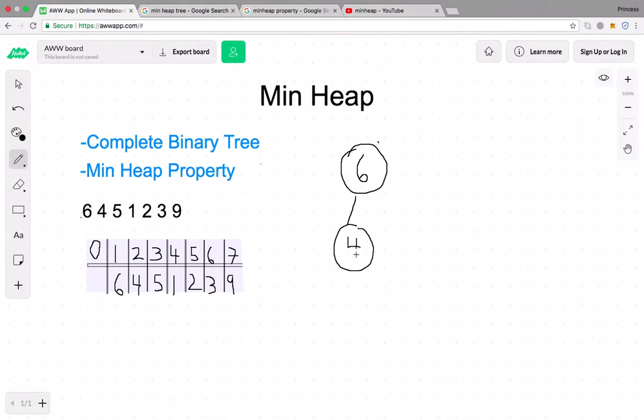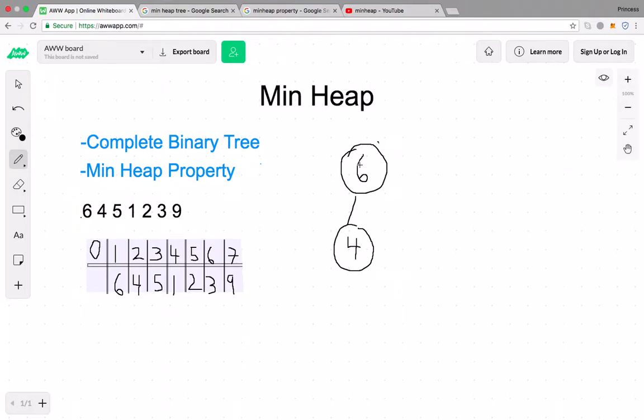And remember, always insert the value to the left of its parent at first, because if you insert the 4 here, that would be a violation of the complete property of the min heap, which states that the tree must be filled from left to right. So remember, you always want to insert to the left at first.